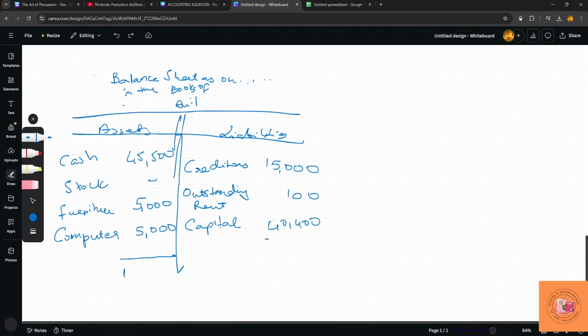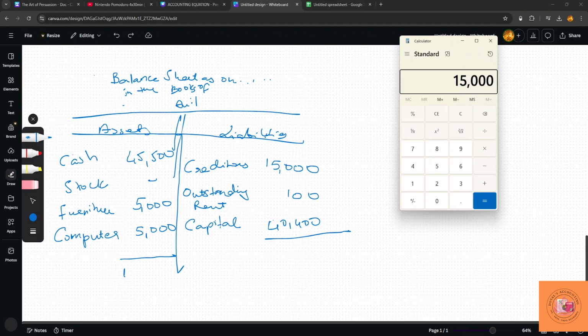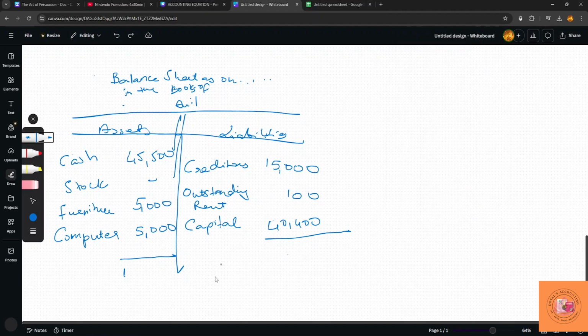So if I add that up, 15,000 plus 100 plus 40,400 gives me 55,500. And on my assets side, again 55,500. So here my assets equal my liabilities, and this is the accounting equation.